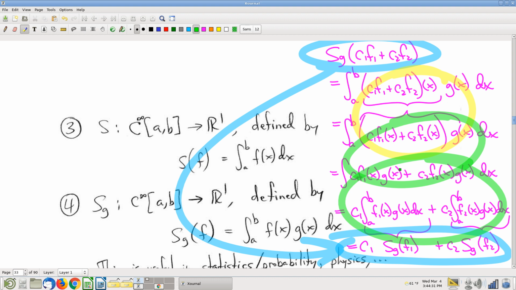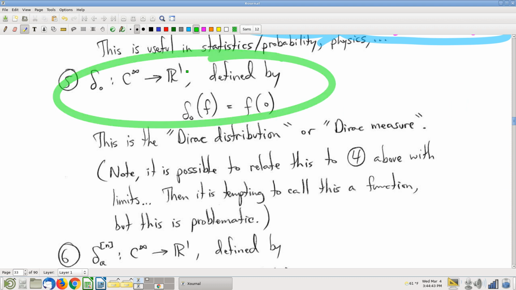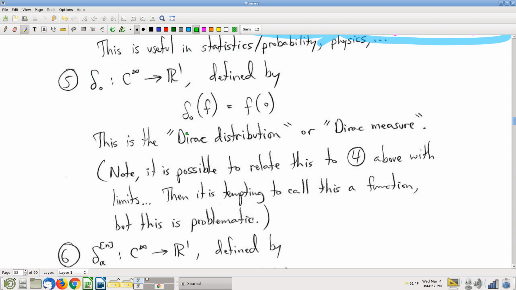Okay. All right. So, moving along, this is called a lot of things. I'm going to call this the Dirac distribution. This is sometimes called the Dirac delta function, but it's also sometimes misunderstood in that sense. But that's a long, fascinating conversation we don't have time for. But anyway, I claim that this thing here is a linear transformation. Here's how it works.